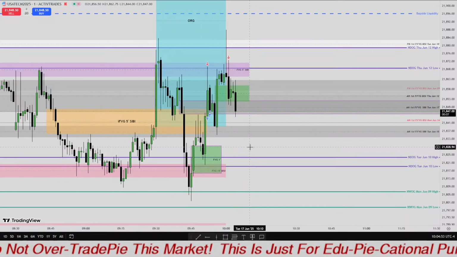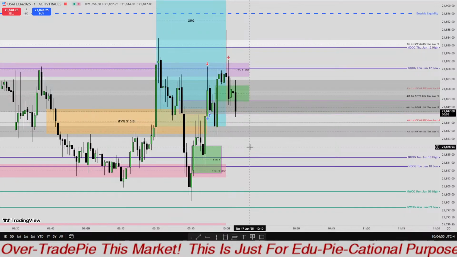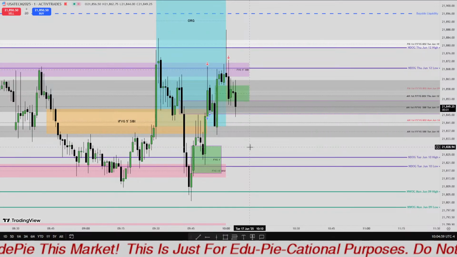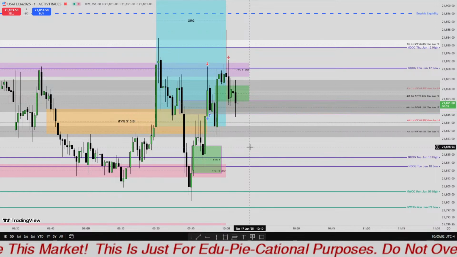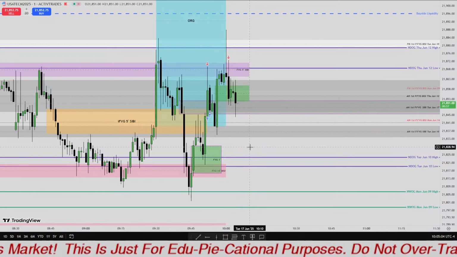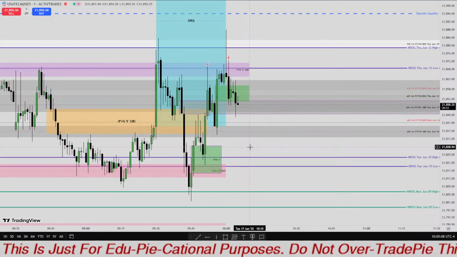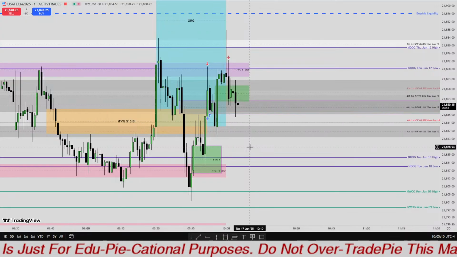Something like this. Now we are trading inside the first presented fair value gap. It closed in the upper half of it, so still to me the market is bullish.